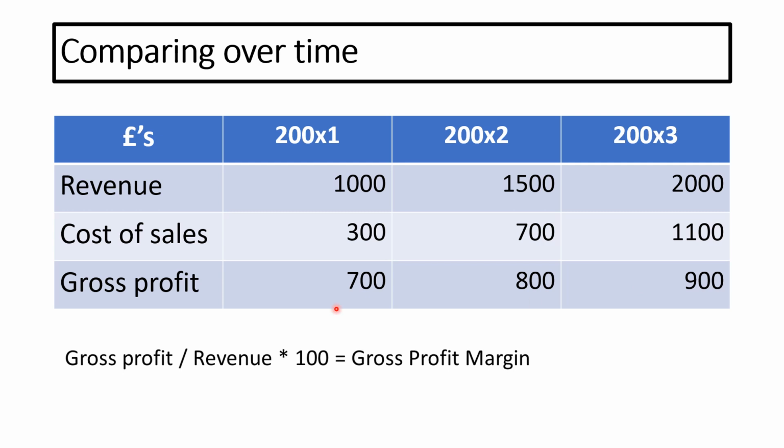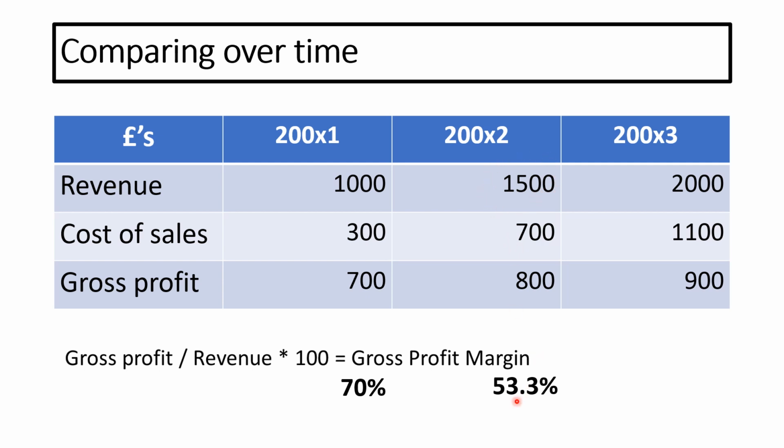So we take our gross profit figure, we divide it by revenue, and we times it by 100 to find the gross profit margin. And in the first year, 700 as a percentage of 1,000 is 70%. In the second year, it's not so good. They may have increased their gross profit, but as a percentage, it's actually less.